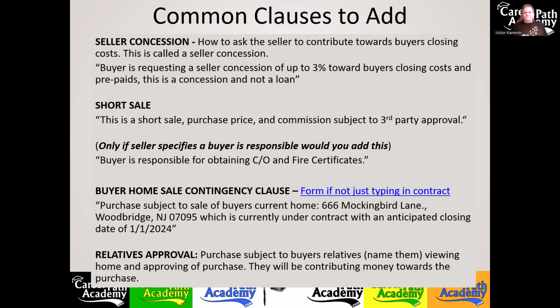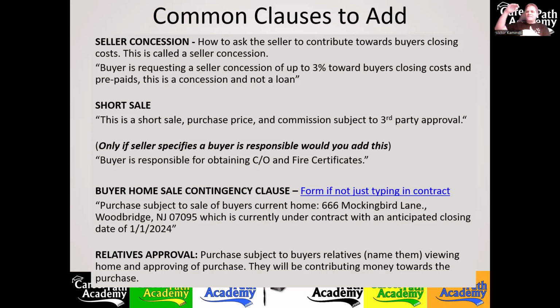For a short sale, you could have something as simple as a one-liner like this: This is a short sale, purchase price and commission subject to third-party approval. Boom. Straightforward, simple, to the point. Me, I have a document somewhere. It's not on this computer. I have to locate it.